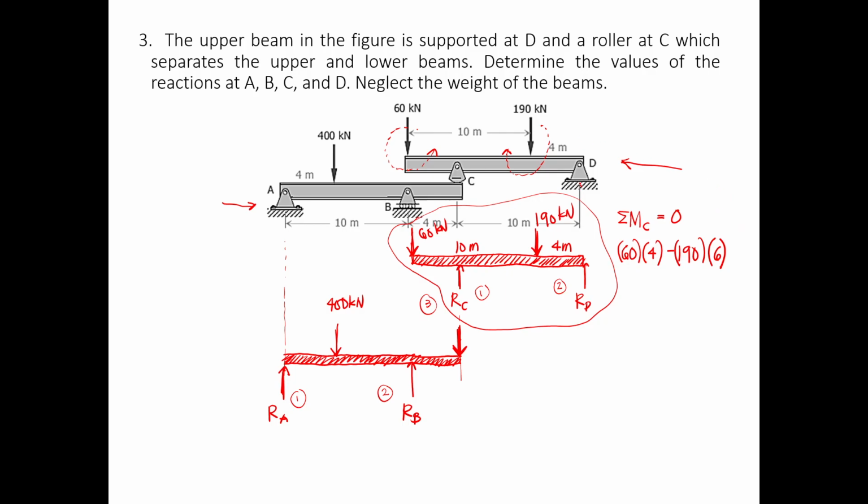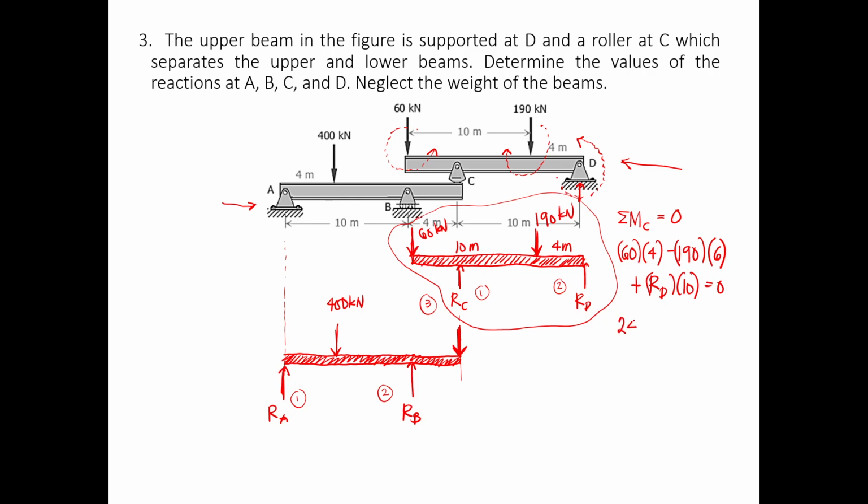And then lastly is the reaction coming from point D. From point C going towards point D, that will be 10 meters. The rotation it will create is counterclockwise, so that is positive. So plus RD times 10, equals 0.